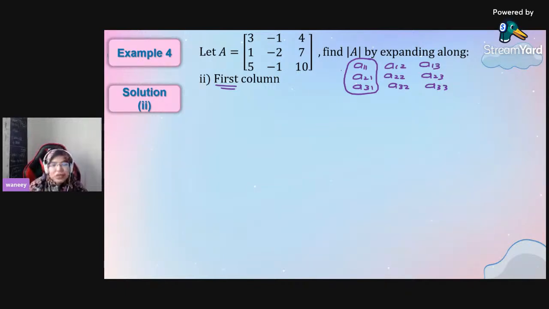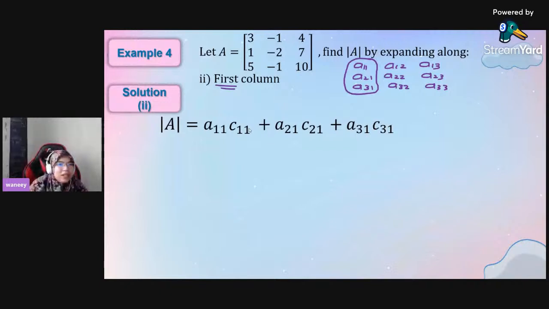Okay, so determinant of A. Right, so we have A11, A21, A31, and then C11, C21, C31. From C to go to M, cofactor to minor, we have to use the formula.